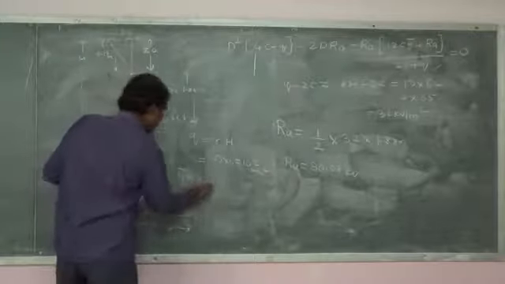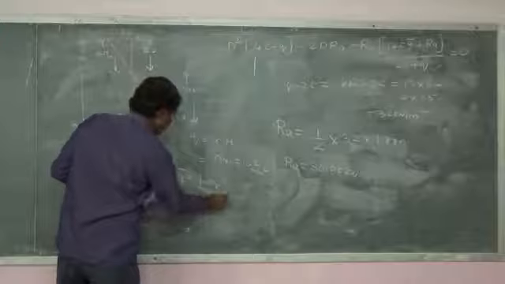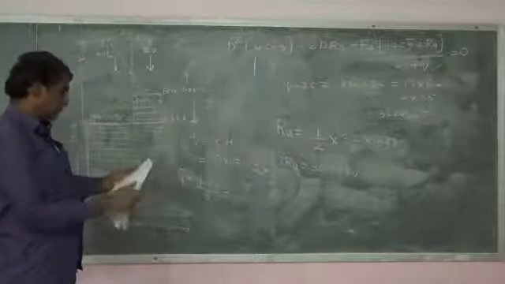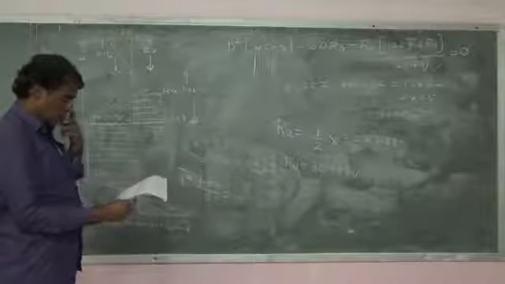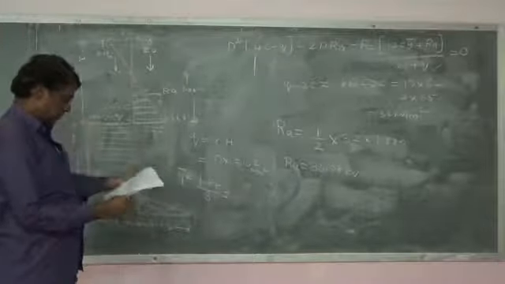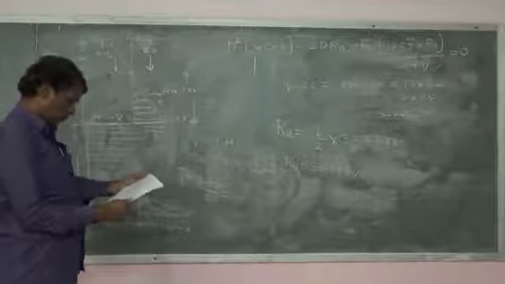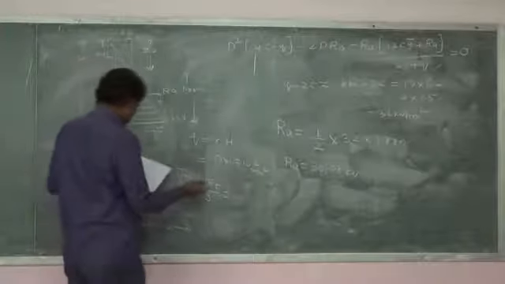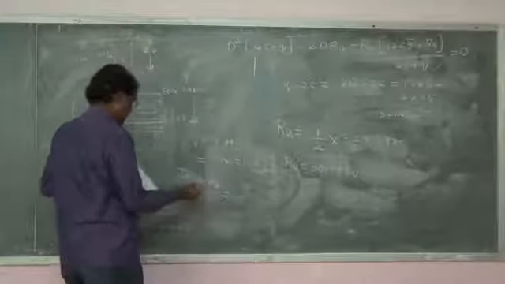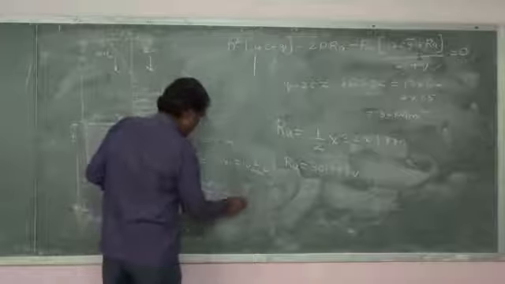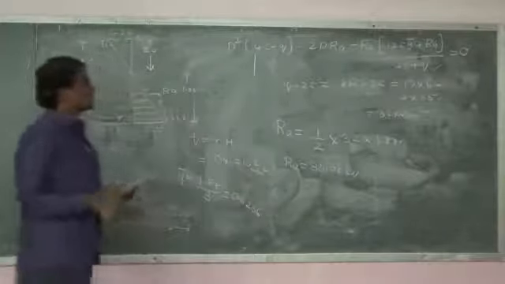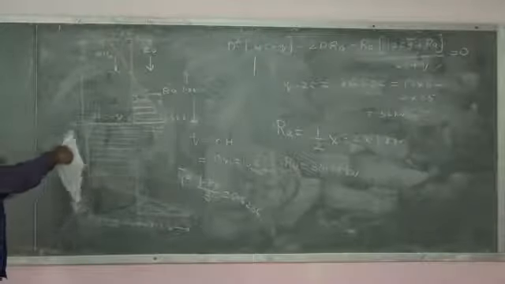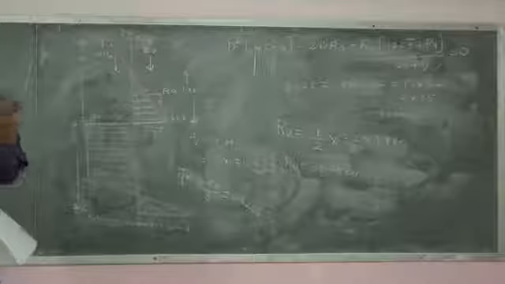So Y bar is equal to 1.88 by 3, and this is going to be 0.6266. Now you see here all the values we had now.